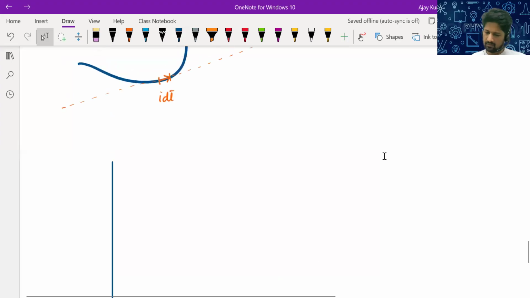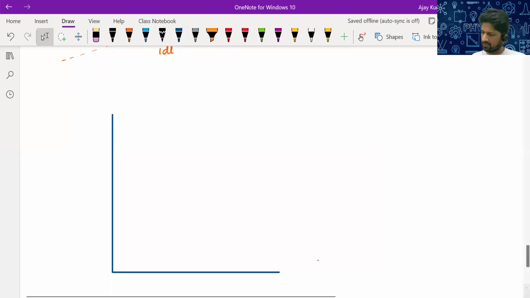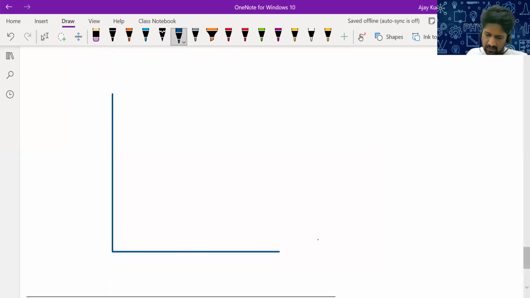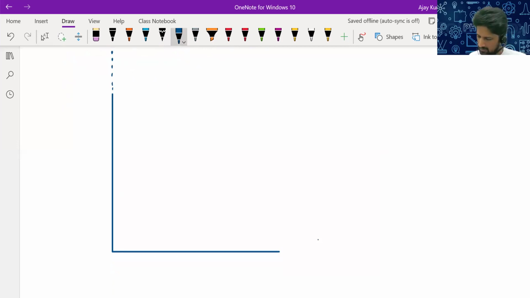Let's say there is an infinitely long wire bent at right angles at one point. So the ends are at infinity. You need to calculate the magnetic field at a point here.